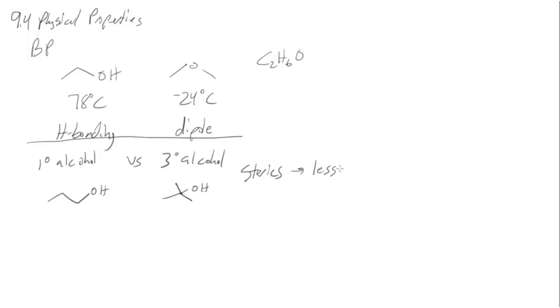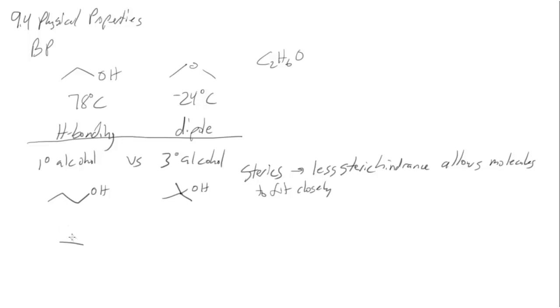So less steric hindrance allows the molecules to fit closely with each other. So a primary alcohol is always going to be higher than a tertiary alcohol.